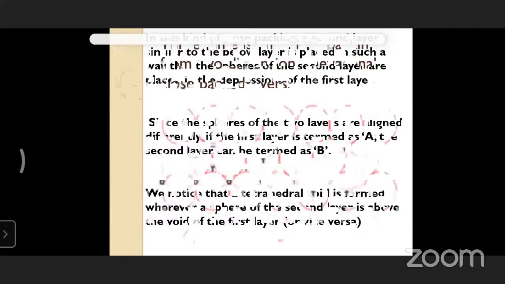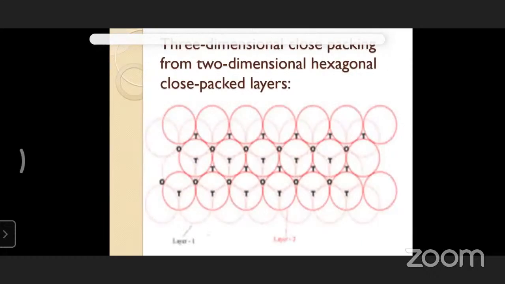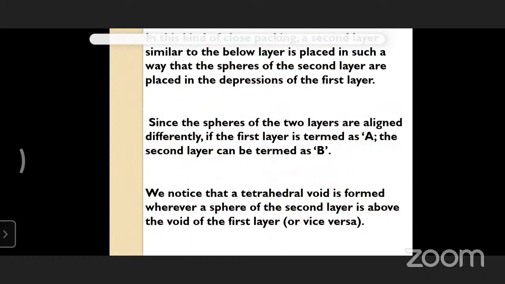We will go through the diagram once again. The normal light red color lines are the first layer we are considering, and the thick red color spheres we are considering as the second layer. When the second layer is placed on the first layer, wherever the depressions are, the second layer or plane sits.